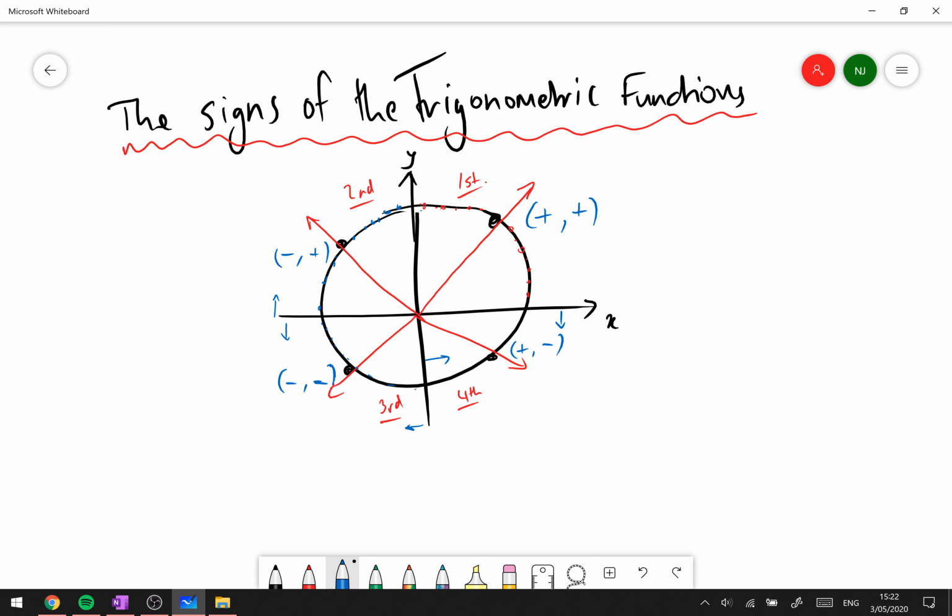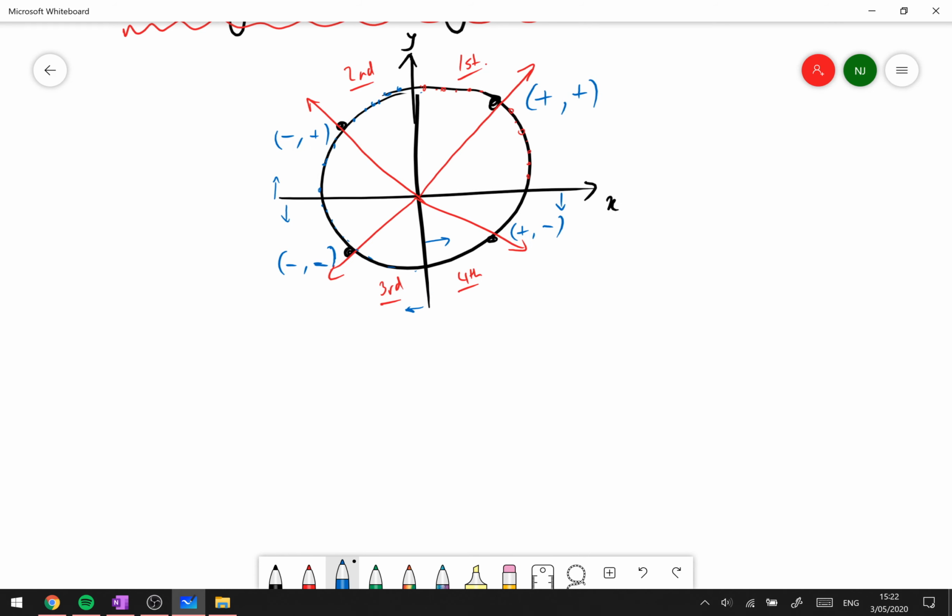So let's summarize by drawing it in a table. We've got our quadrants: the first, the second, the third, and the fourth. What we know about our x and our y is that in the first quadrant, they're both positive.